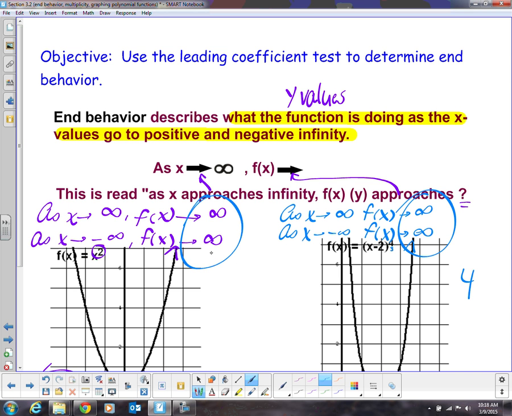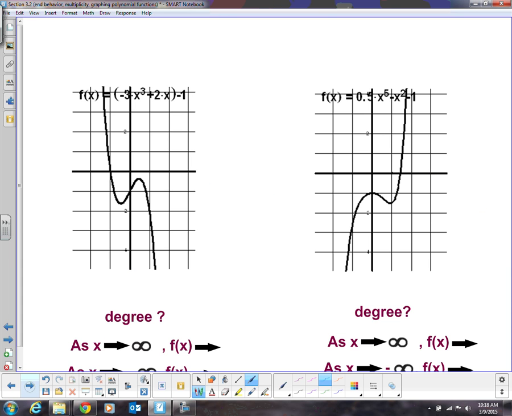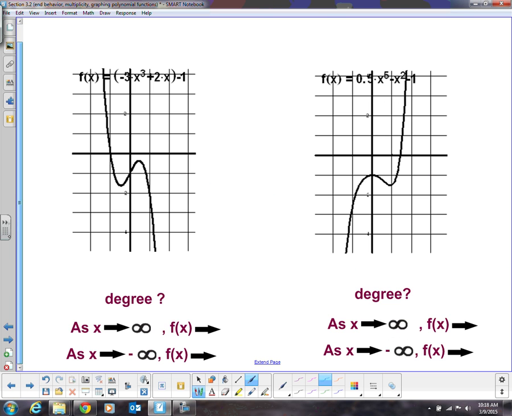Or, in other words, they were, and what was the degree? Even. Okay, so now, what is the degree? Odd. Now, as x goes to the right forever, what are the y values doing? Going down. As x goes to the left forever, what are the y values doing? Going down, down.